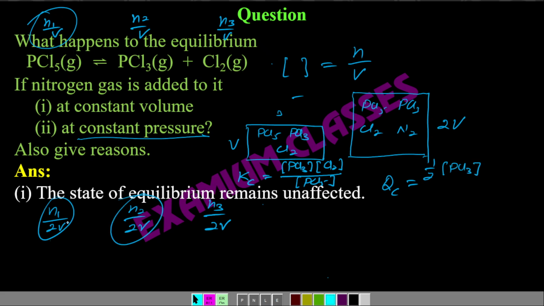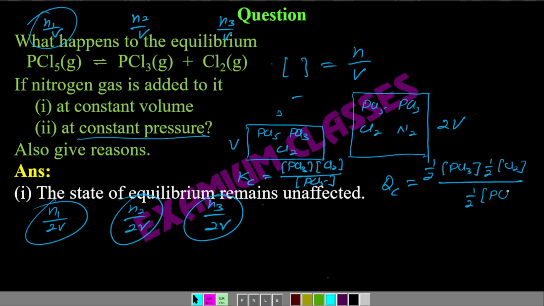This is also half of the Cl2 concentration. Sorry, these two, PCl3 and Cl2, are also half. So everything is half. I'm saying half of the PCl5 concentration. This is the PCl5 concentration. So half of this is the PCl3 concentration. This is the Cl2 concentration. So in each case, it is now half.